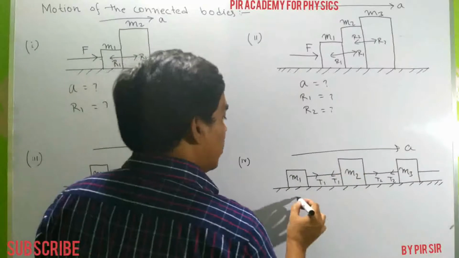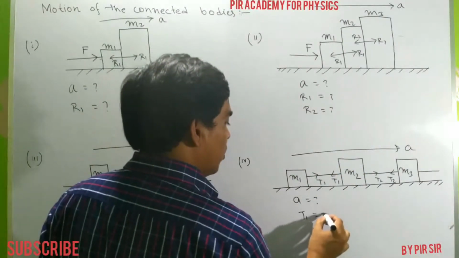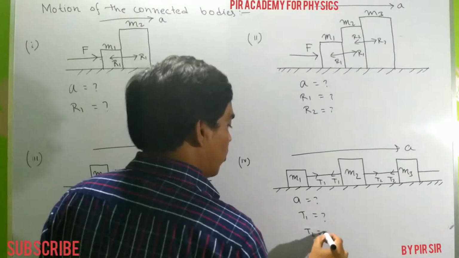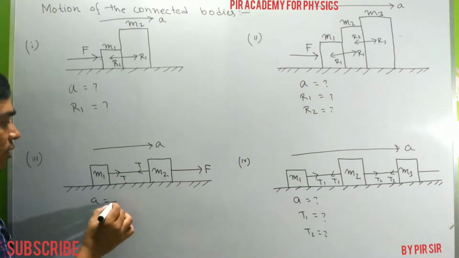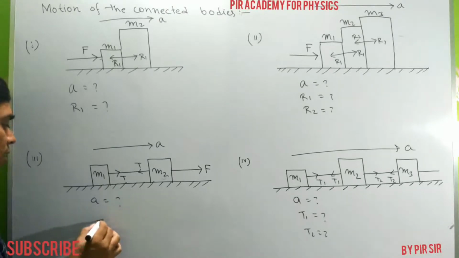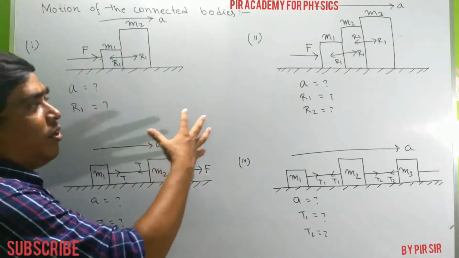You have to calculate the magnitude of A, the magnitude of T1, and the magnitude of T2. Here also you have to calculate the magnitude of A and the magnitude of T.